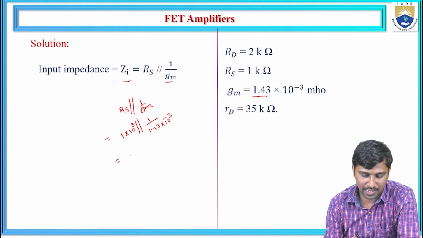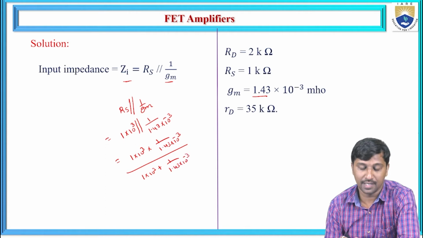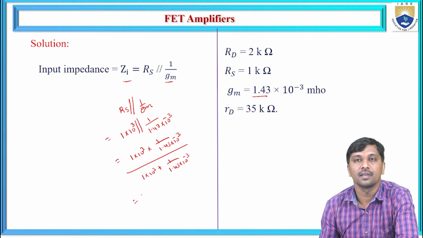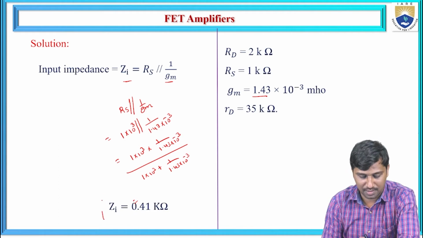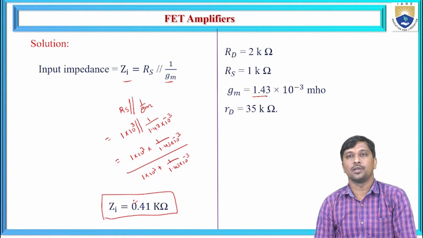So that is 1 into 10 power 3 times 1 by 1.43 into 10 to the power of minus 3, divided by 1 into 10 power 3 plus 1 by 1.43 into 10 to the power of minus 3. You can simplify this, and it shows that Zi is 0.41 kilo ohms.